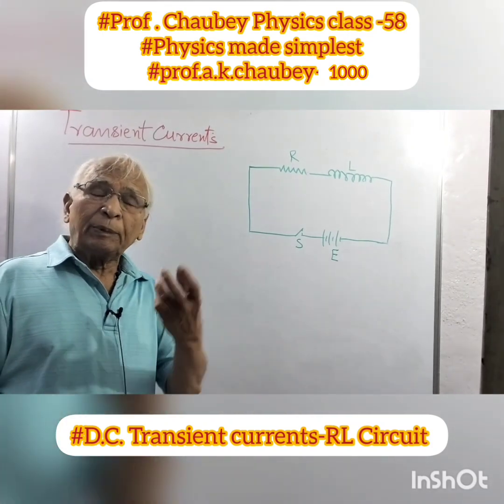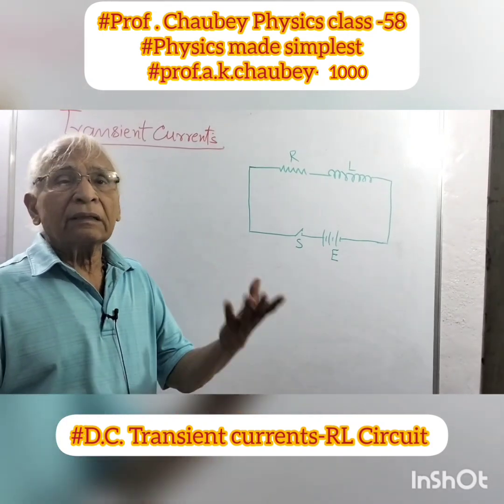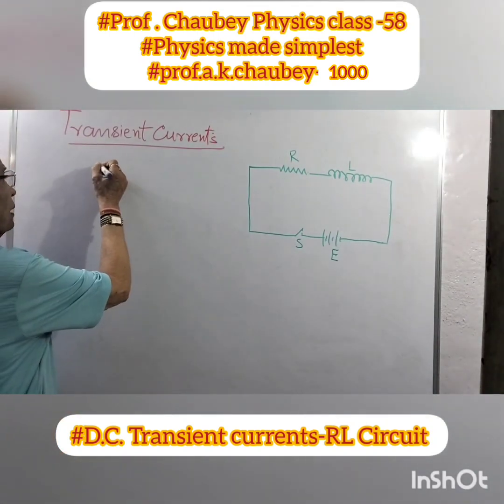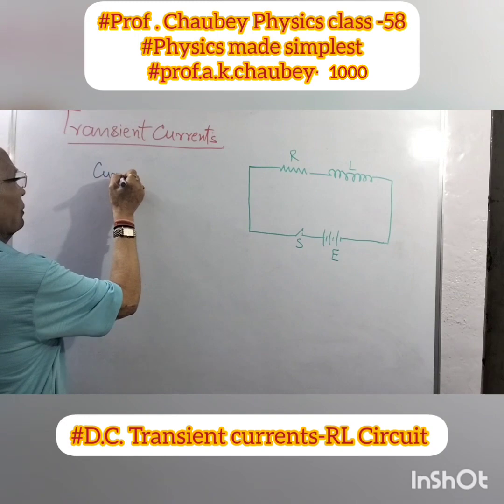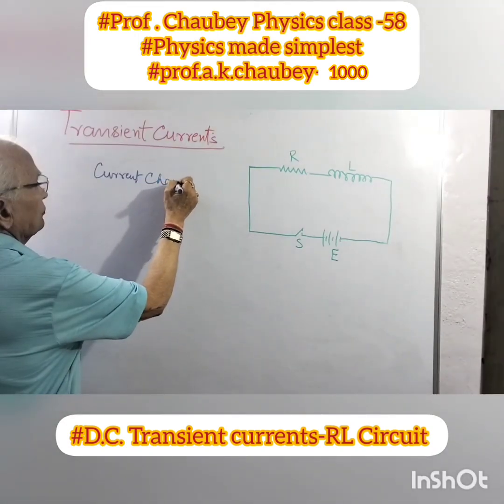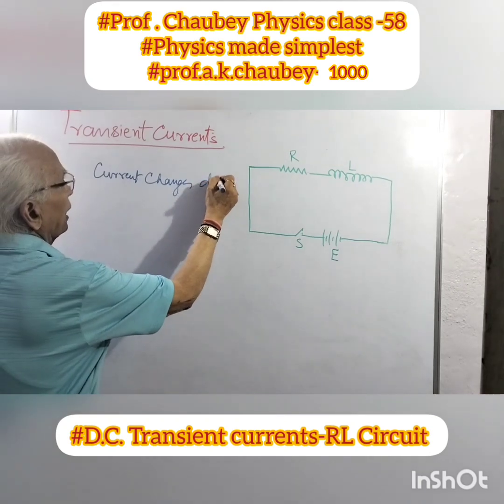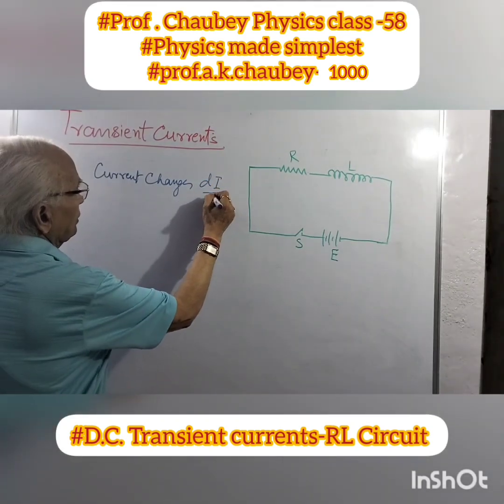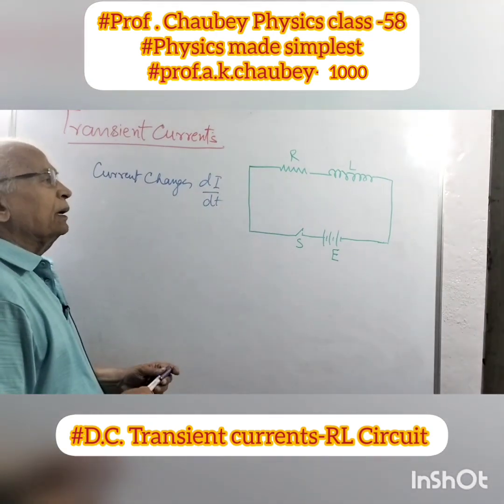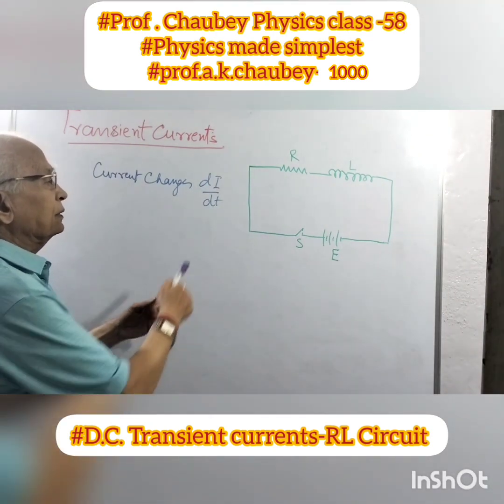Induced potential is proportional to di/dt, that is the rate of current changing, which means time dependence of the current. How the current is building up, how the current is changing in the circuit with time.